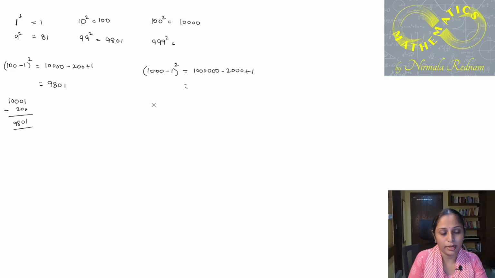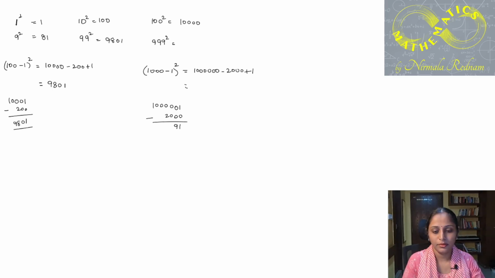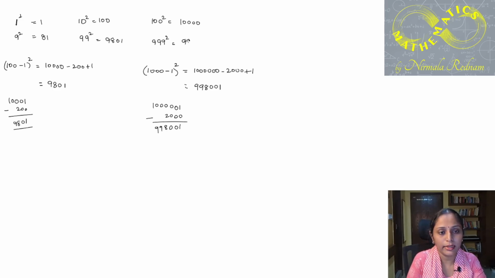So I have 1 followed by 6 zeros, and from that I have to subtract 2000, and then add 1. Working through the digits, I will have 998001. So that is my 999 square.